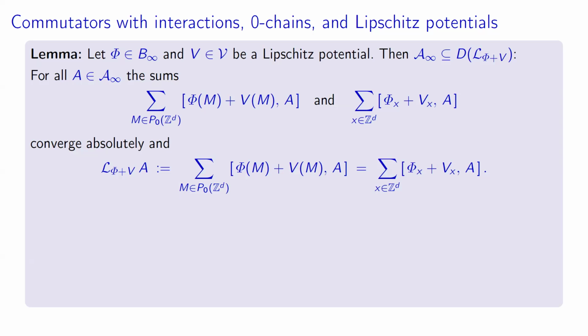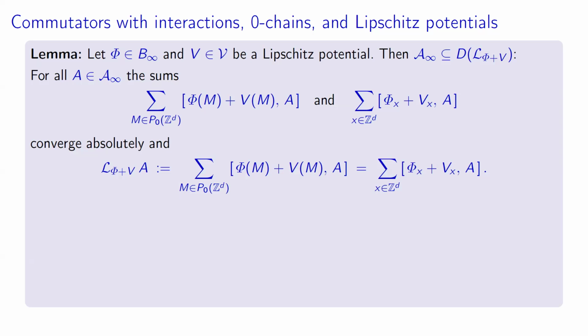We take all local pieces of this interaction or the potential, commute with A and sum over all X. The idea is, this is well localized. So for X far away from the support of A, this will decay so fast that it's summable. Okay, this you can show. So this means these commutators are well defined.